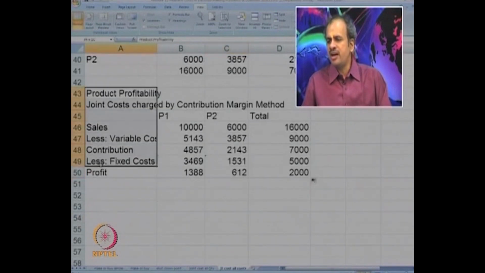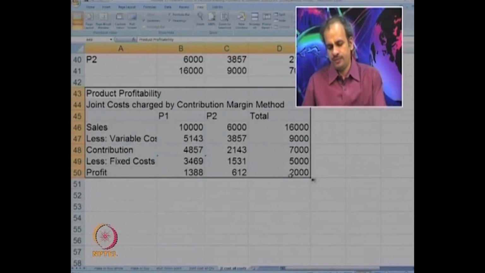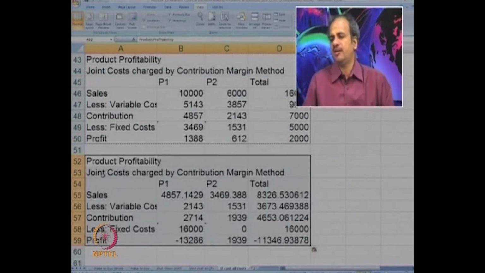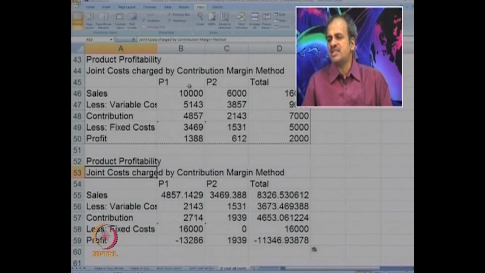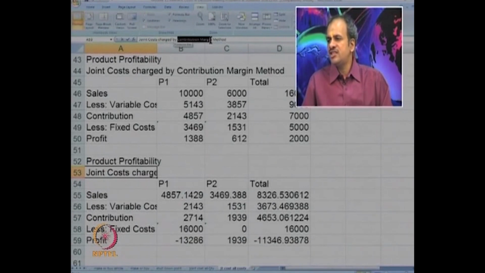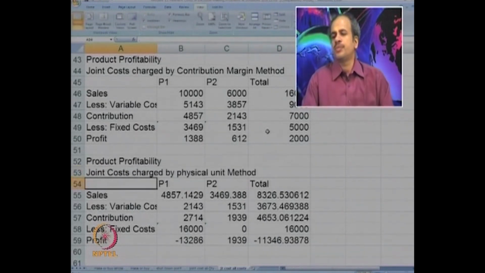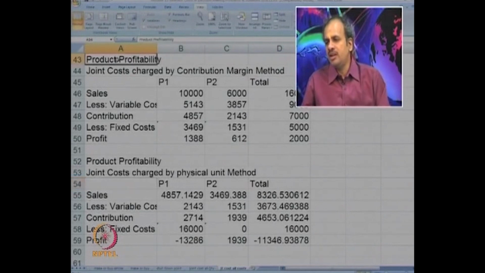Now suppose we were to do it by the first method, what will be the answer? We will also try the alternate method. So instead of joint costs charged by contribution method, if we charge on the physical units method, then what will be the answer?